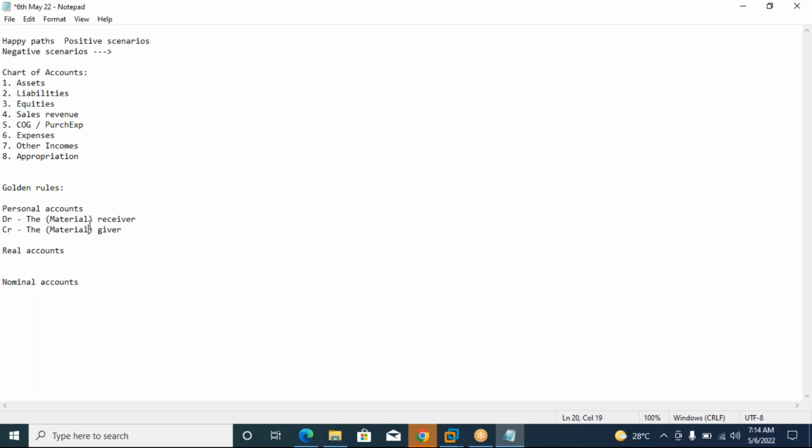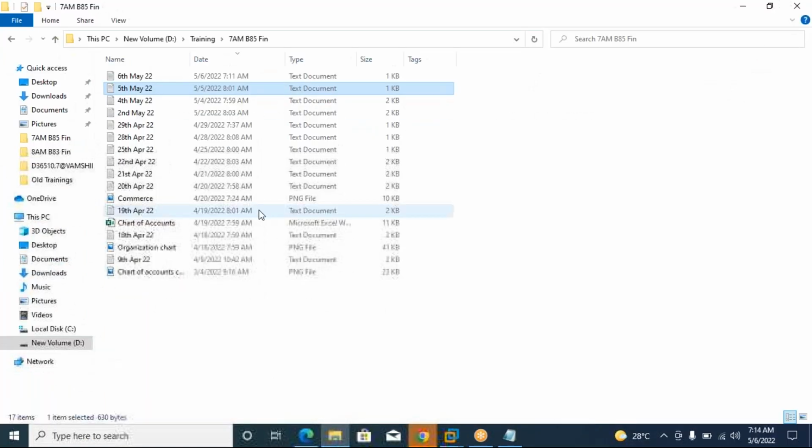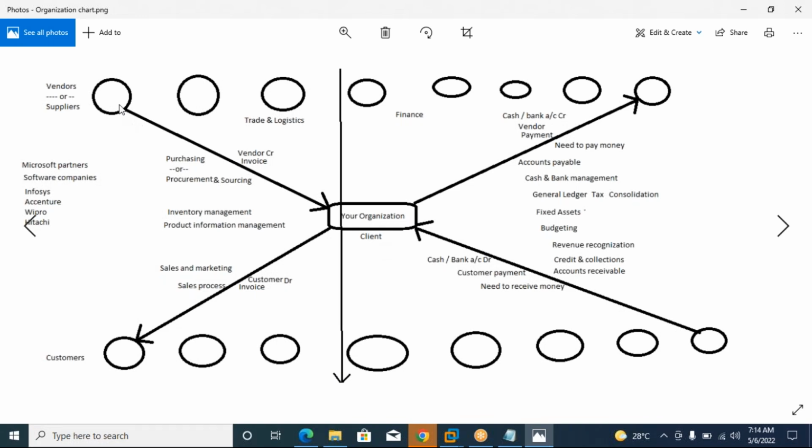The material means, if you go to the organization chart, the giver and the receiver. This is my company. This vendor is the giver to me, and the customer is the receiver. For my company, who is giving? This one. Who is receiving?